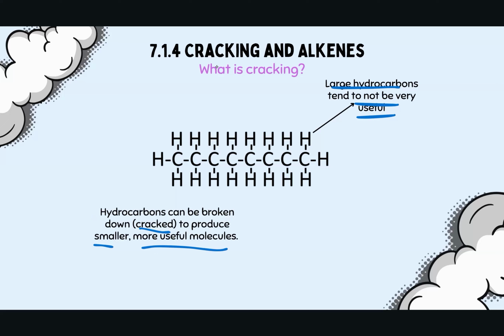So cracking is taking a less useful large hydrocarbon and cracking it into smaller, more useful molecules. This does come up as 1 or 2 mark questions sometimes, so please do memorize what cracking is. So when you crack a large hydrocarbon, you make smaller, more useful molecules.